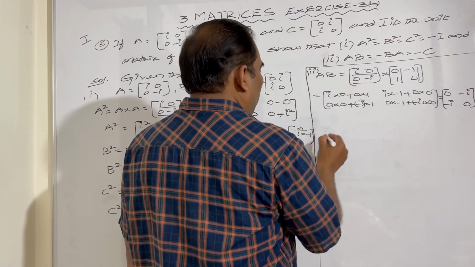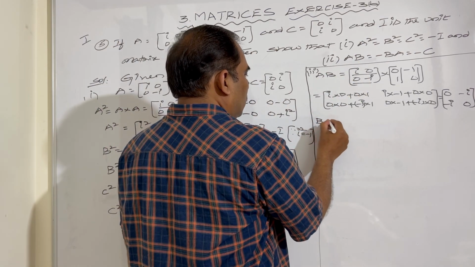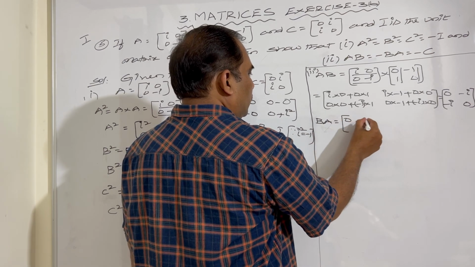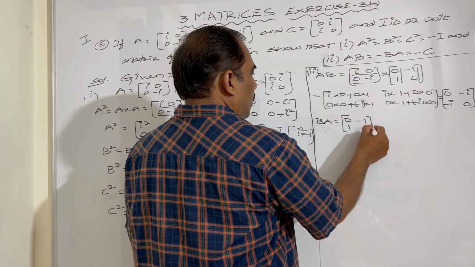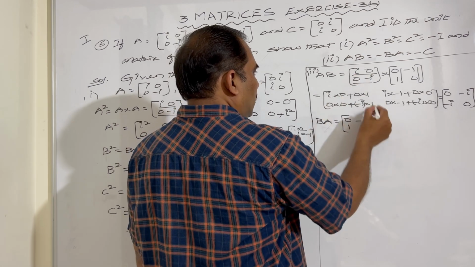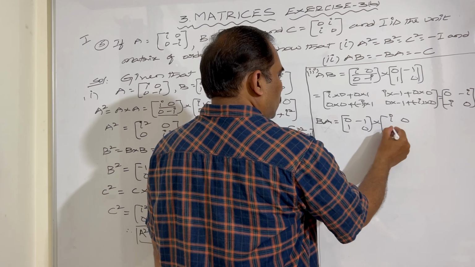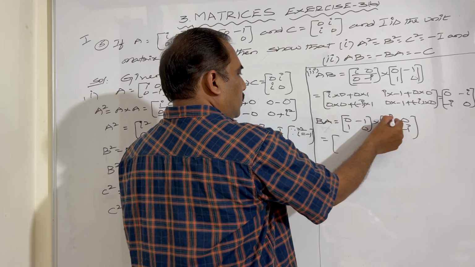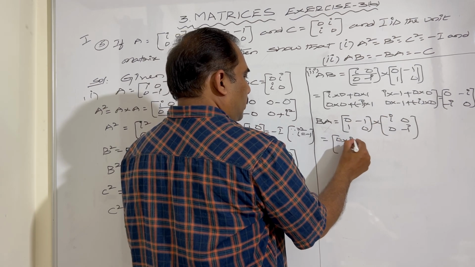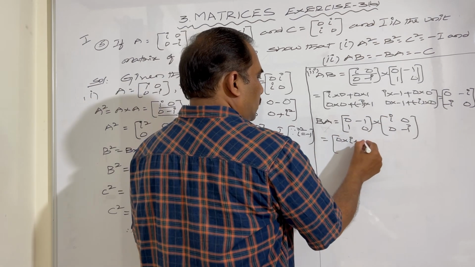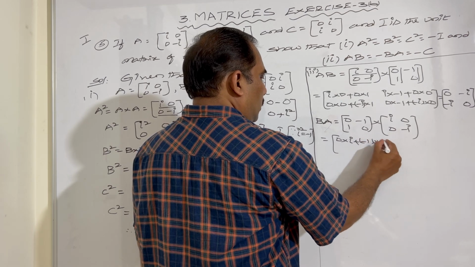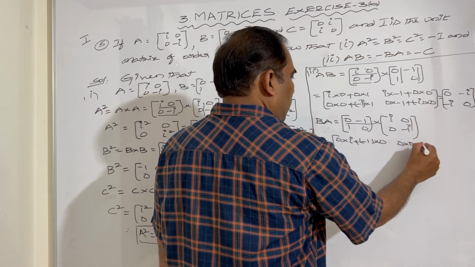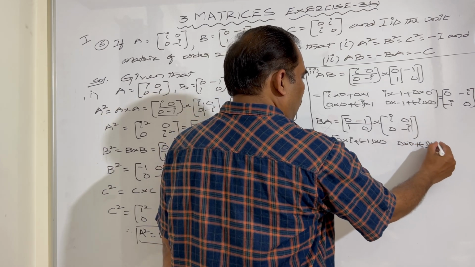Now finding BA. So BA is equal to the matrix B, which is 0, minus 1, 1, 0, into matrix A, which is i, 0, 0, minus i. Now multiplying these two, which is equal to 0 into i plus minus 1 into 0, and again first row second column, 0 into 0 plus minus 1 into minus i we get.